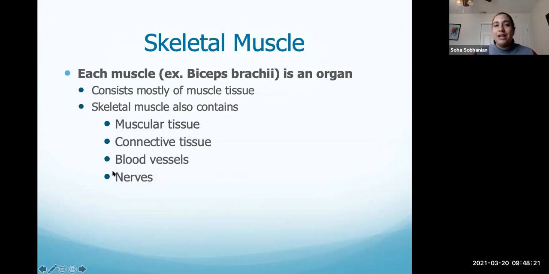If you want to contract any muscle, you need the nervous system inputting signals into the skeletal muscle for the movement.